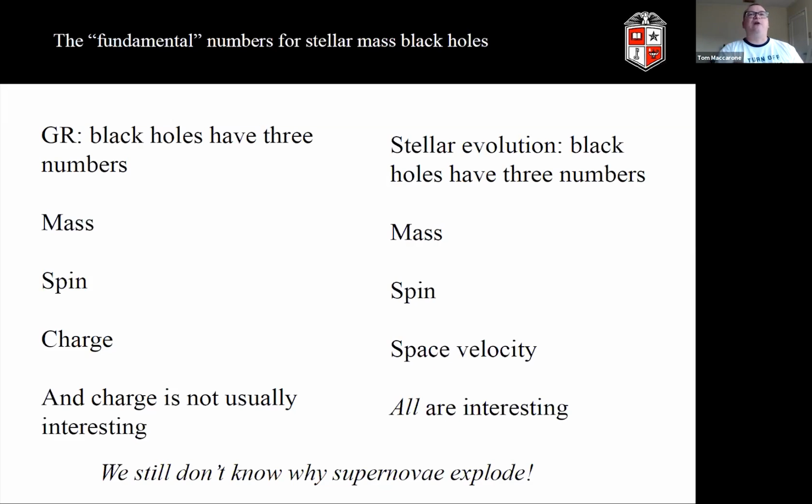Or you need to look at the remnants that these systems leave behind and work back doing some detective work. And this is where we actually have the potential to really make some progress right now, is looking at the mass, spin, and space velocities of the black holes. Right, and the space velocity is basically telling us whether the explosion was symmetric and left a low kick remnant, or asymmetric and caused a high kick remnant.